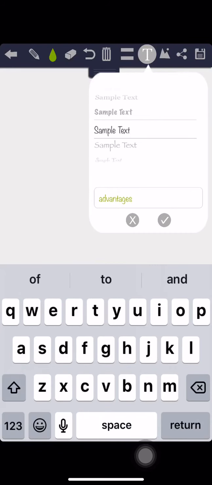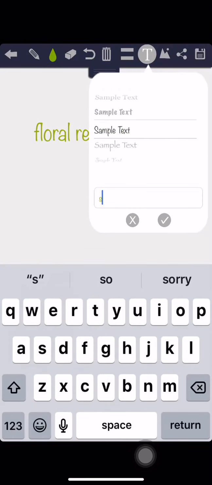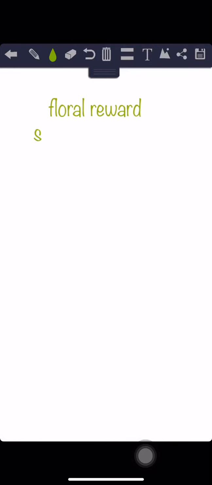Advantages, or you can say floral rewards. What are the floral rewards?